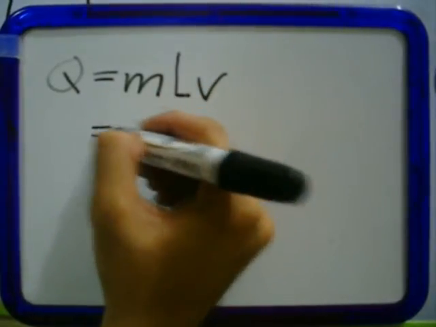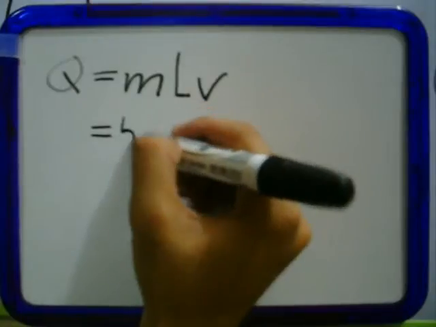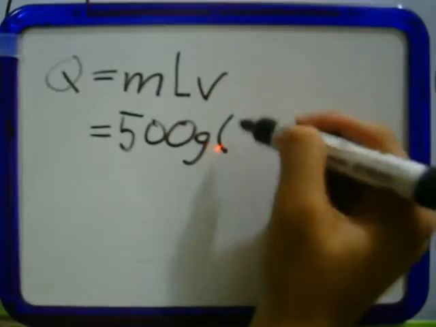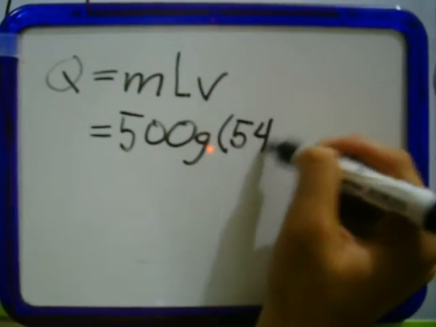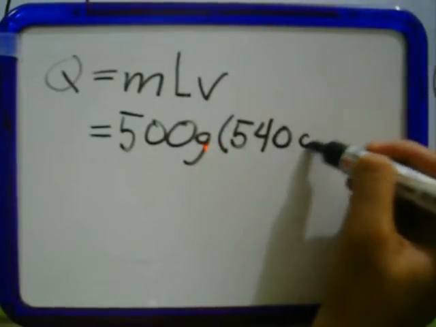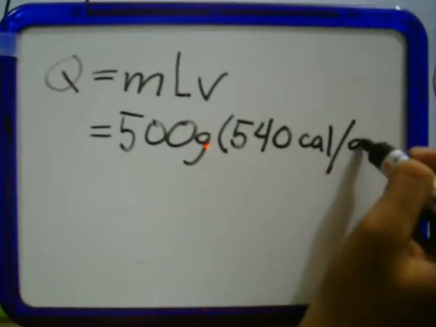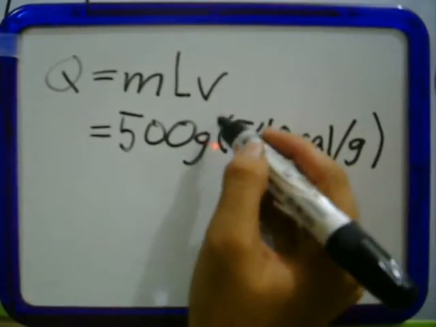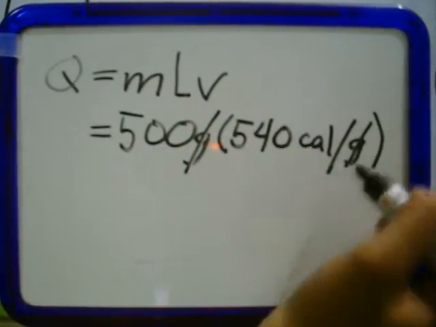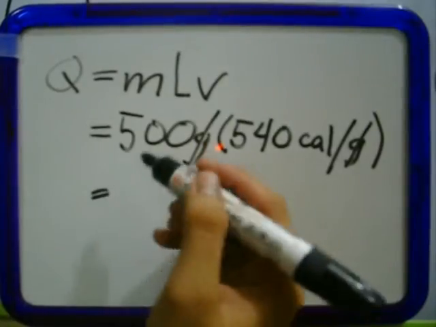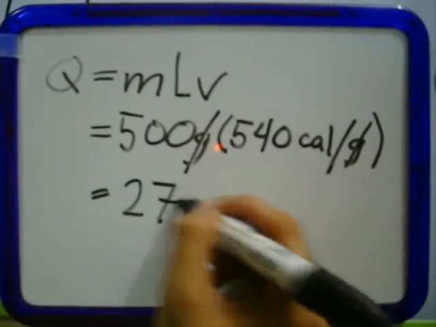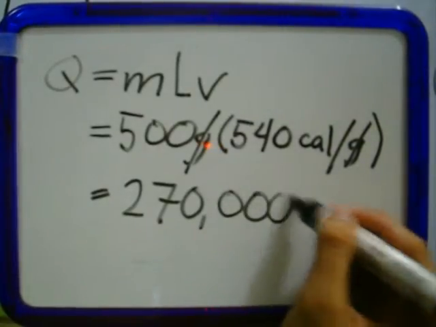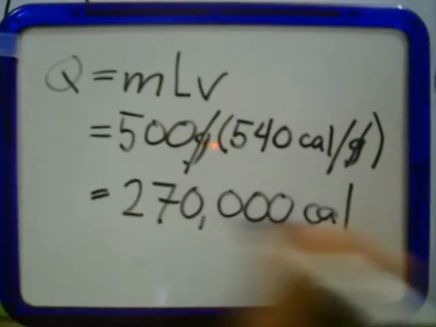Substituting the given is equal to 500 grams times 540 calories per gram, canceling the gram, will be 270,000 calories.